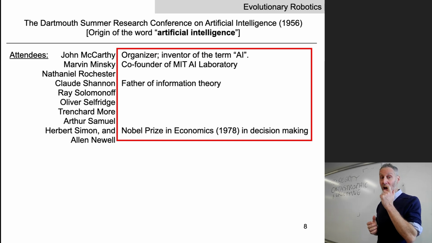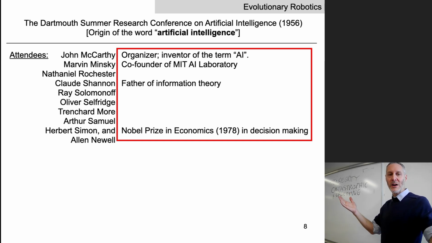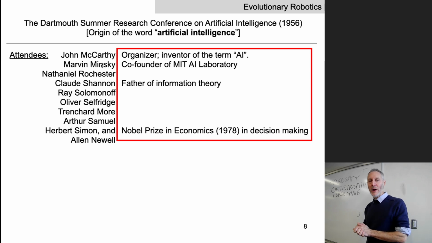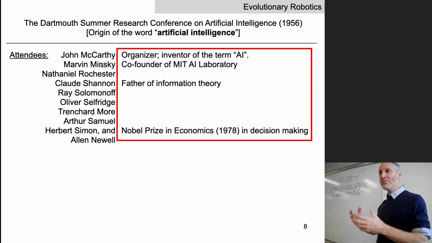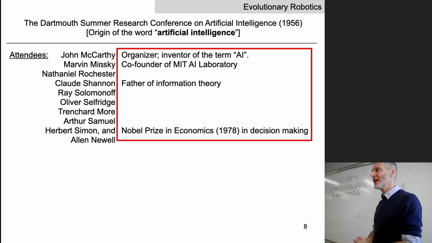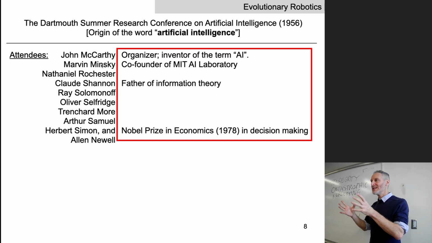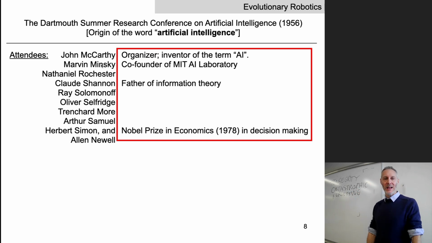Other members of this team, as we already mentioned, John McCarthy actually invented the word AI. Marvin Minsky went on to co-found the AI lab at MIT. The AI lab at MIT is often seen as Mecca for things AI and robotics. A lot of the early ideas that worked in AI and robotics came from the AI lab. Those of you that are mathematically inclined, you should know Claude Shannon.